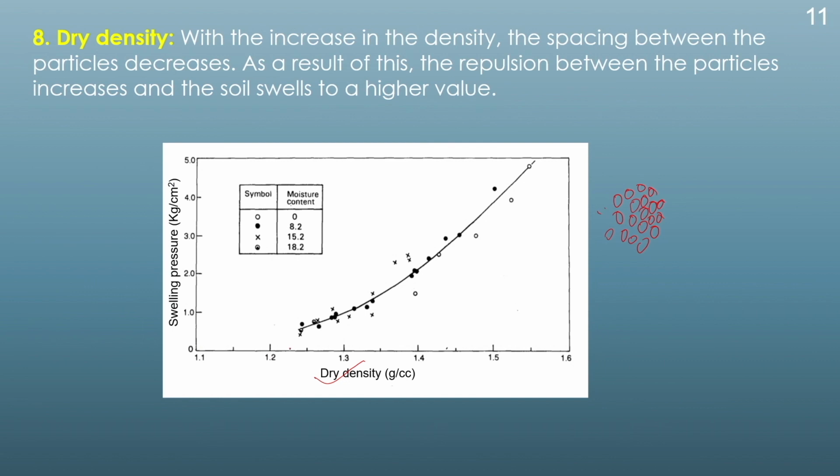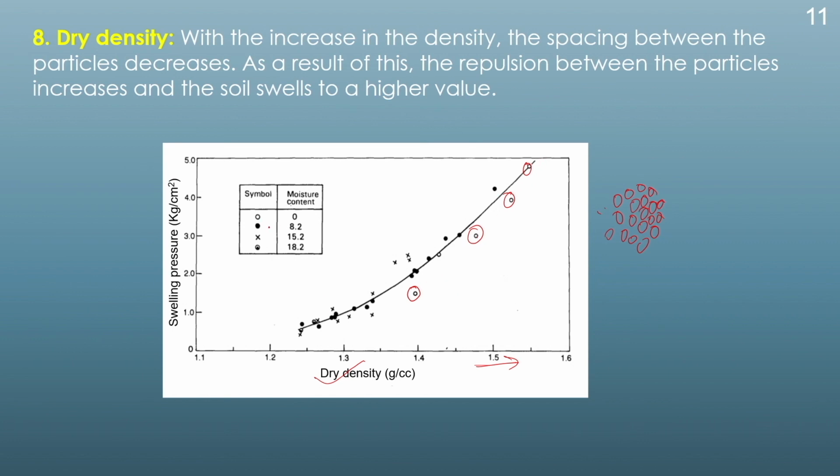Here we can see the variation of the swelling pressure with the dry density plotted at different water contents. If we compare here, this is the soil compacted at 0% water content, then although the water content is the same, since the dry density is different, the swelling pressure or swelling volume will also be different. And we could see here with the increase in the dry density, the swelling of the soil is increasing.